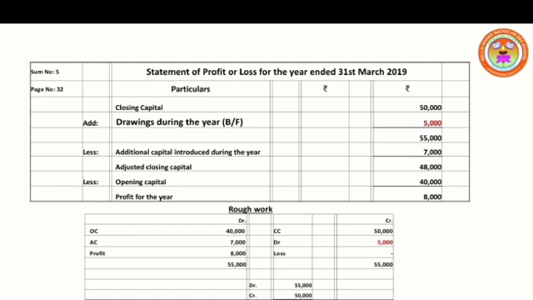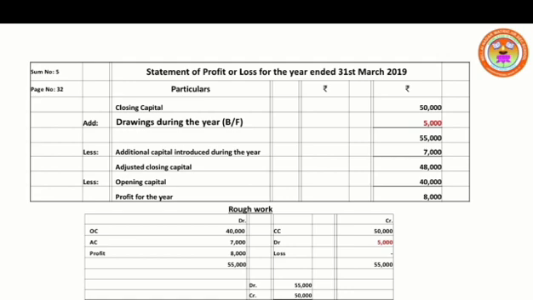Next step, drawings during the year which we found in the rough work. Write 5,000. Inside the bracket, balancing figure. Add these two amounts, we got 55,000. Next step, additional capital introduced during the year, 7,000. Deduct, 48,000.